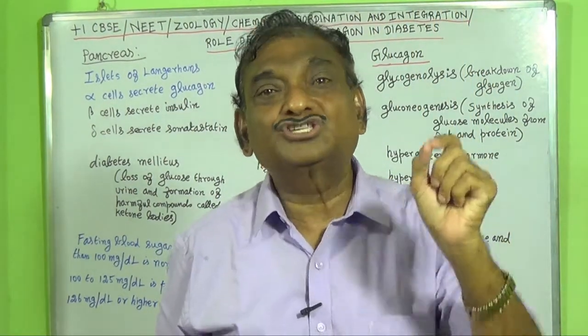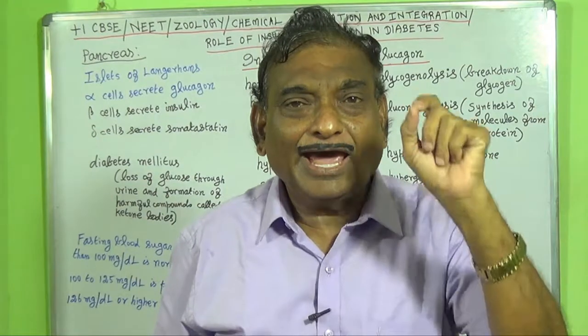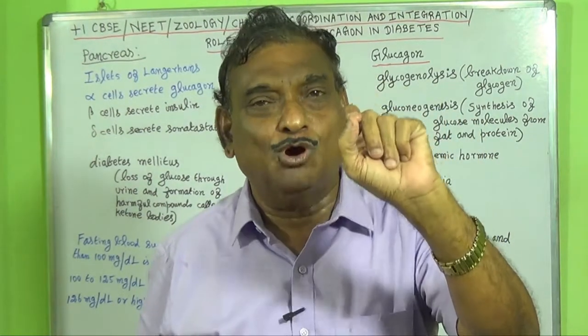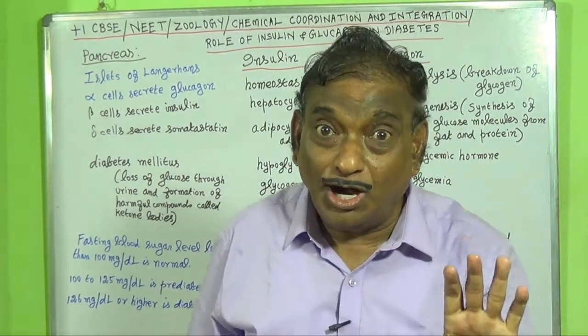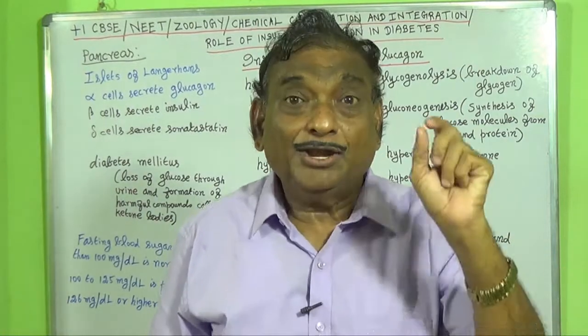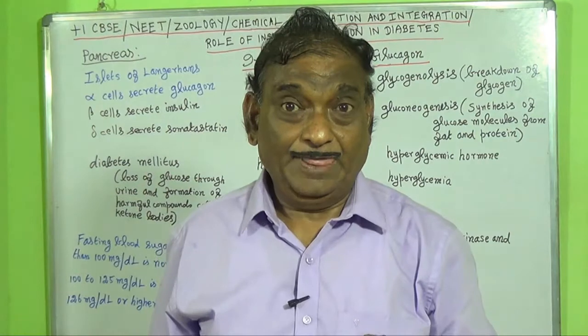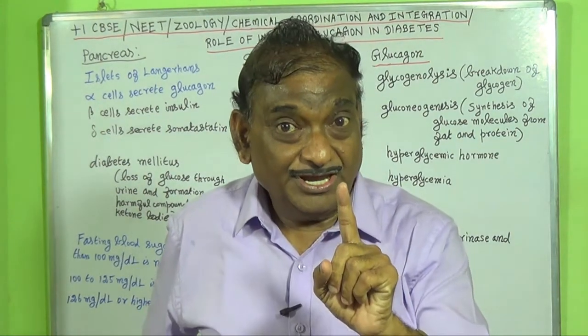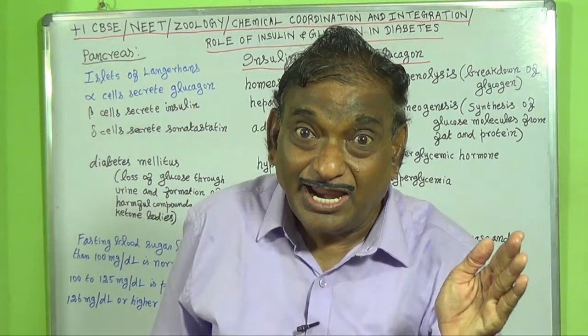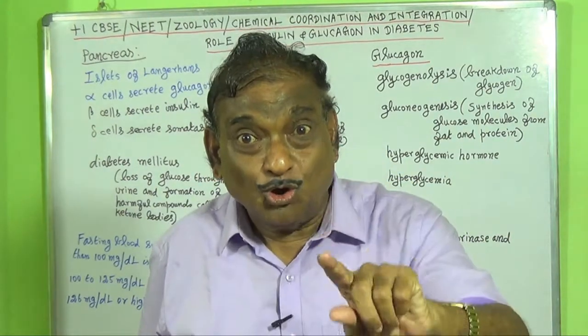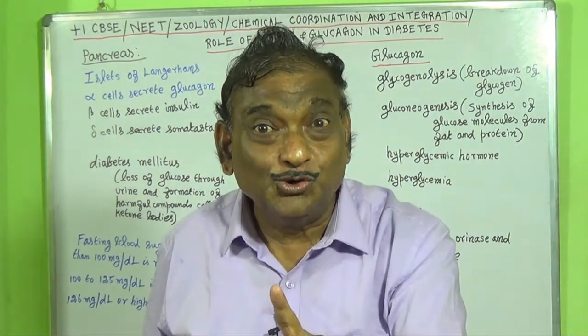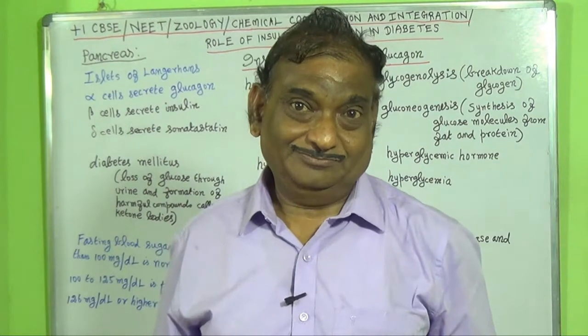As said earlier, in the case of insulin, this glucagon is also a peptide hormone. This glucagon is also called hyperglycemic hormone. Glucagon maintains the normal glucose levels in three ways. The first is, it converts the glycogen stored in the liver into glucose.